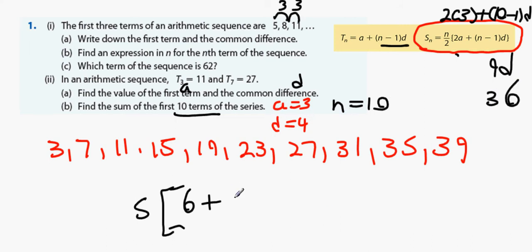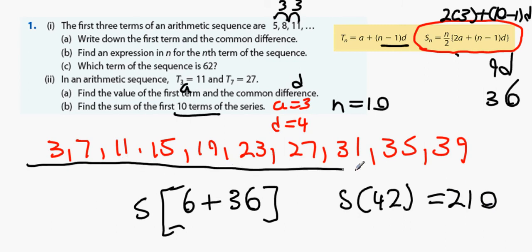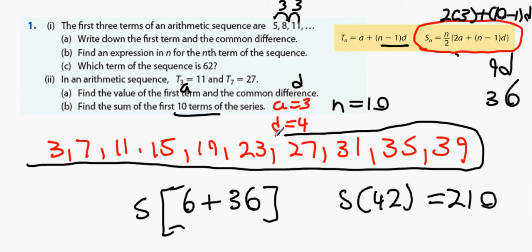So it's going to be 6 plus 36, and that gets you 42. So it's 5 multiplied by 42, and the answer there is 210. So basically, when you add the first 10 terms together, you'll get 210, okay?